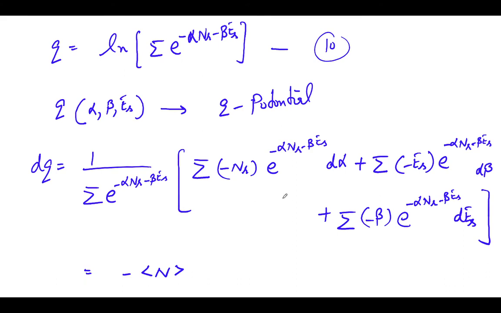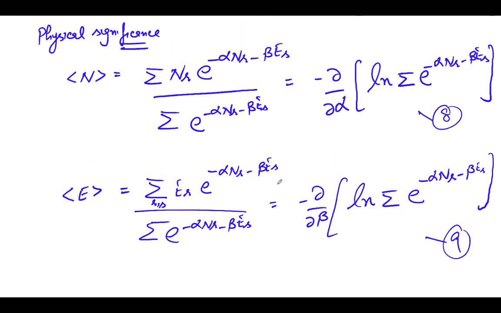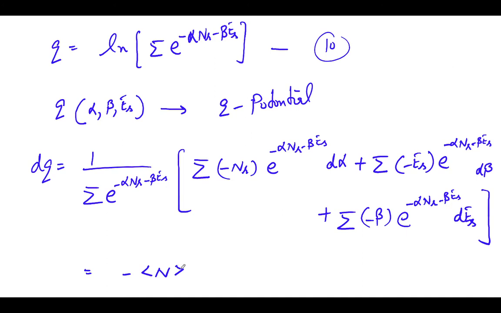This we can write as equal to minus the expectation value of n. The first term you can check from equation number 8: it is the expectation value of n into d alpha.